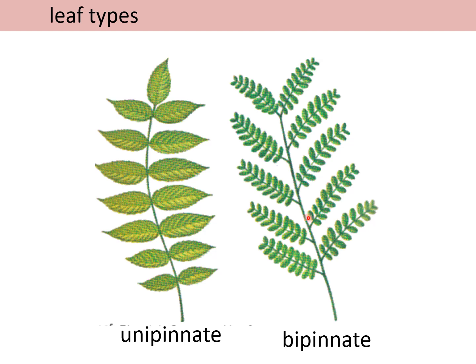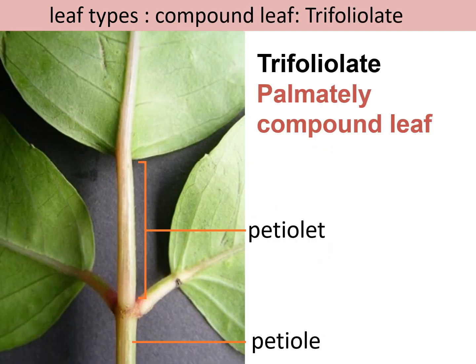But the bipinnately compound leaf is one where the leaflets themselves are pinnately compound. This is how different. In some plants that have compound leaves with only 3 leaflets, we call this type trifoliolate compound leaf. It is a kind of compound leaf, but we use this word for plants having only 3 leaflets in the compound leaf. And they also have 2 types: trifoliolate palmately compound leaf and trifoliolate pinnately compound leaf.